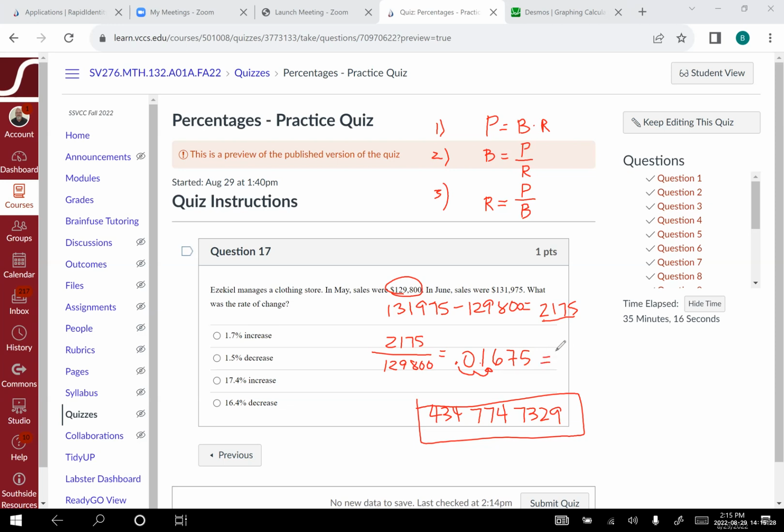So this becomes 1.675%. And it looks like all my answers are to one decimal place. So I want to round to here.